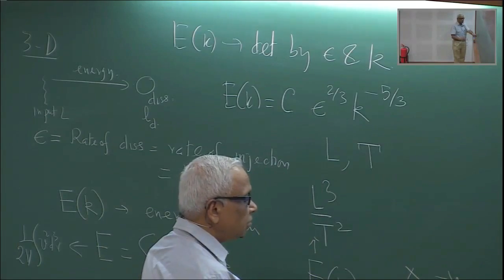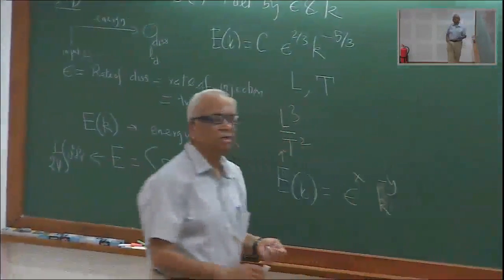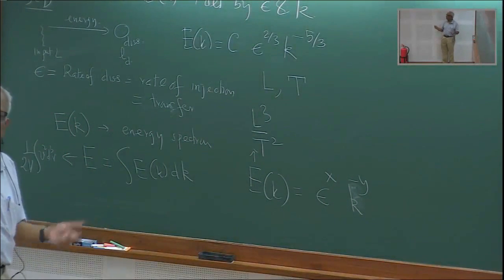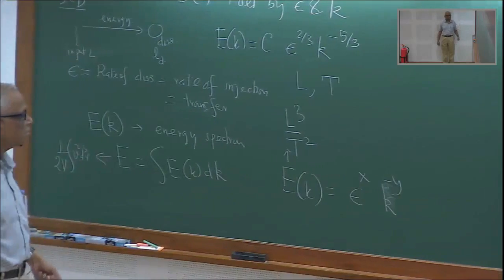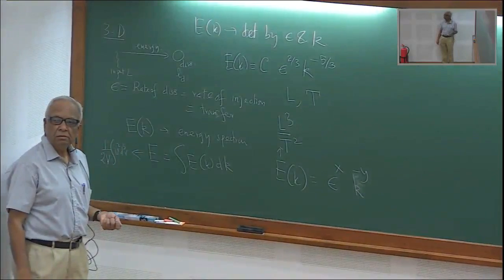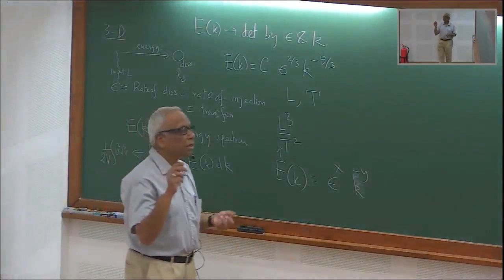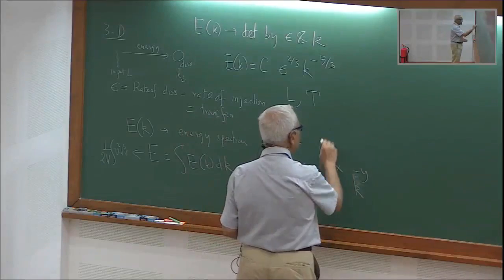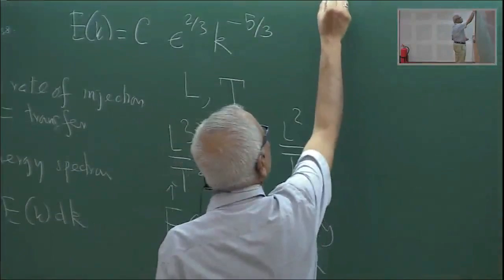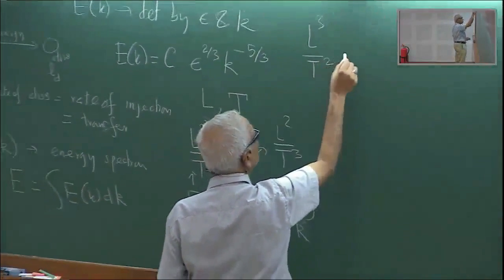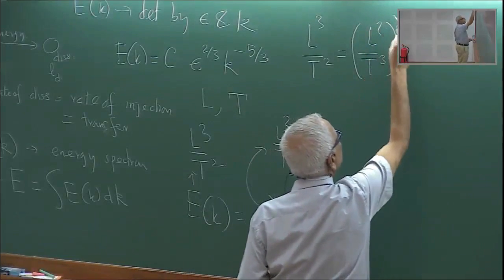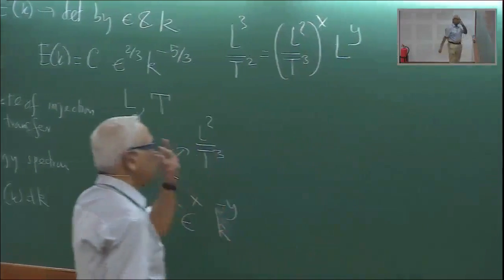So what's the dimension of epsilon? That's the rate of transfer, the rate of dissipation, whatever you can talk about with energy. L squared by T cubed, good. So epsilon is L squared by T cubed, and k is of course 1 over L. So L cubed by T squared is equal to L squared over T cubed to the power x, times L to the power y.